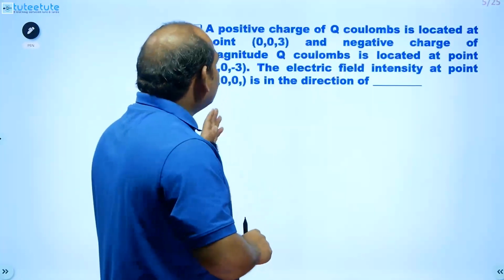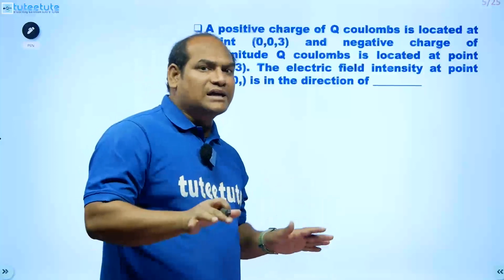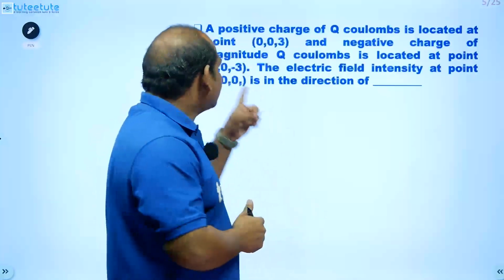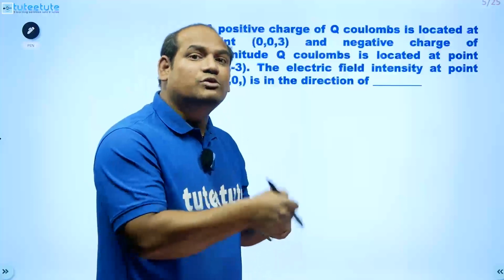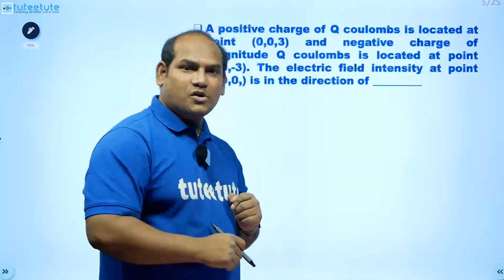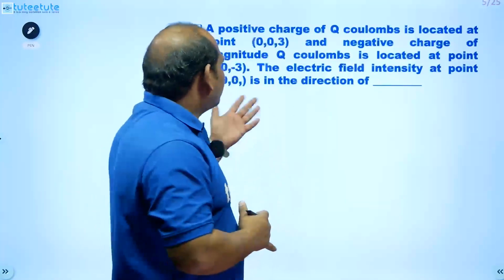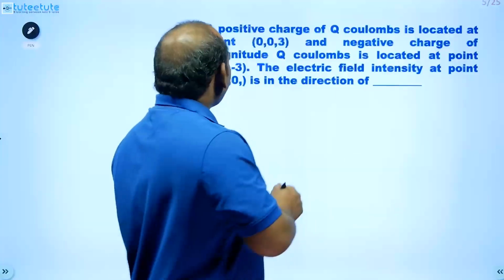We have to find in which direction the electric field is there. We need not calculate how much electric field is there at this point, but we are required to find the direction of the electric field at this particular point. These things we can understand in a better way by drawing diagrams.